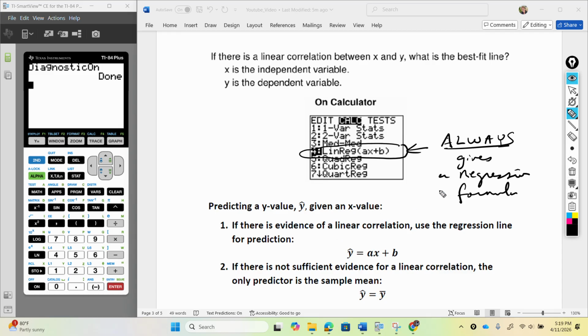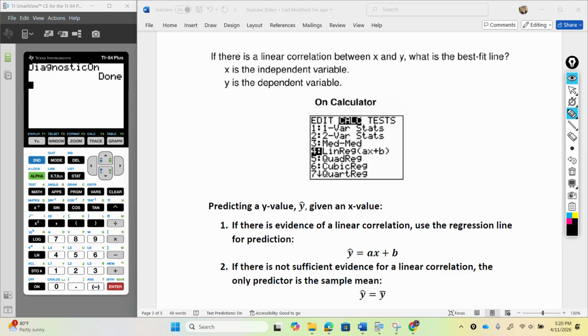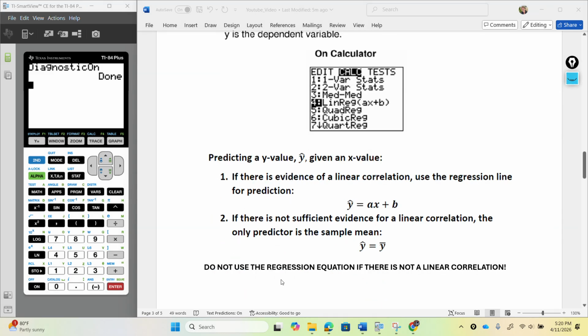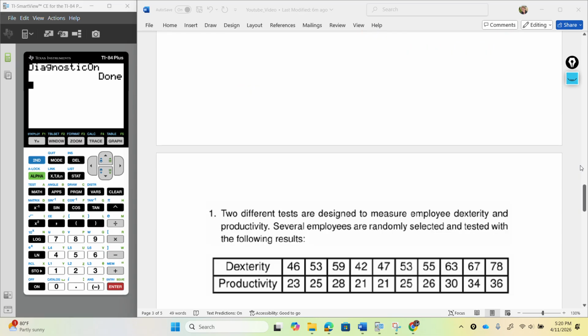But you don't always use it. You only use it if you have evidence of a linear correlation. If you don't have evidence of a linear correlation, you don't use the regression formula. The best predictor you can have is your average value for your Y values. We're going to see this. So do not use the regression equation that your calculator gives you if there's not a linear correlation.